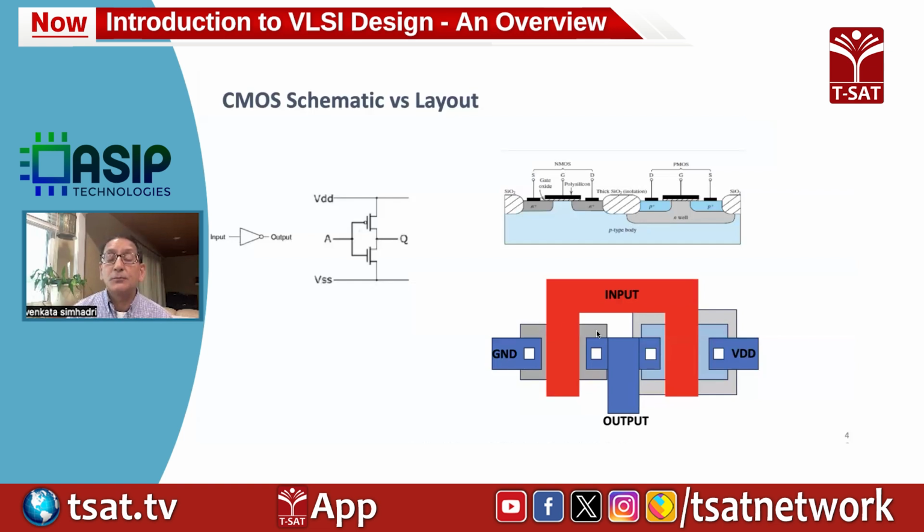But to manufacture that, you actually need a mask with different layers in it. So if you look at the layout here, it has a poly gate and N plus diffusion, P plus diffusion, and the metals connecting to the transistors.